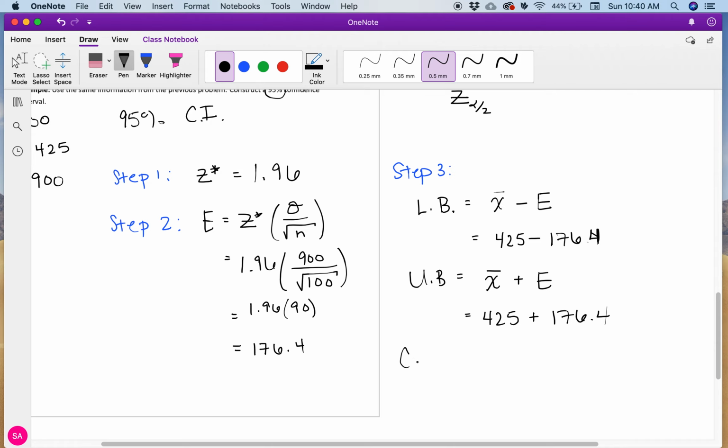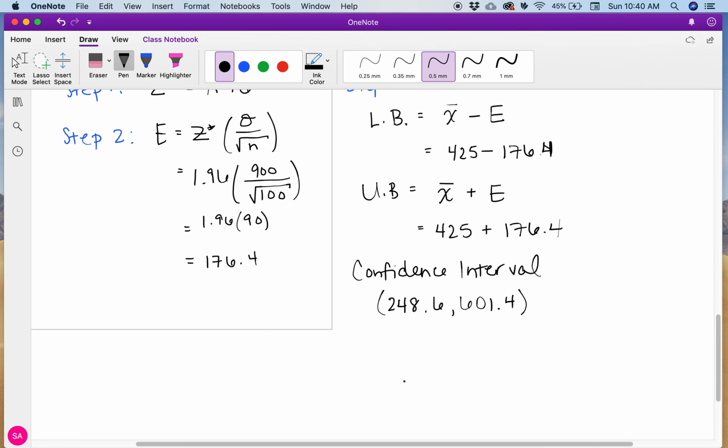All right, so the confidence interval that we have just constructed for this sample is, once you do the addition and subtraction, 248.6 to 601.4. All right, and that's your answer.